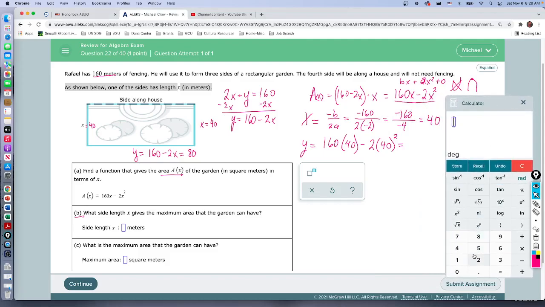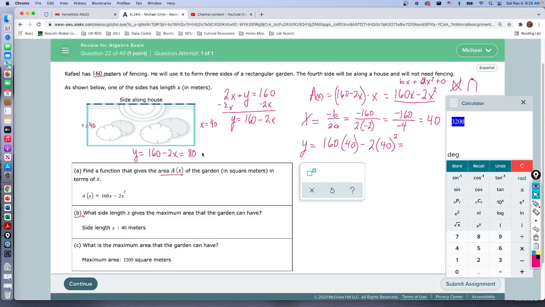So 160 times 40 minus 2 times 40 squared. It figures it all out for us: 3,200 square meters. We'll go ahead and just put that in, 3,200. And up here, we don't want to forget this, 40 meters.